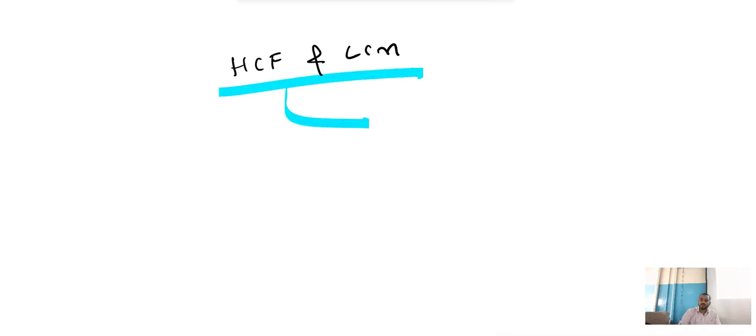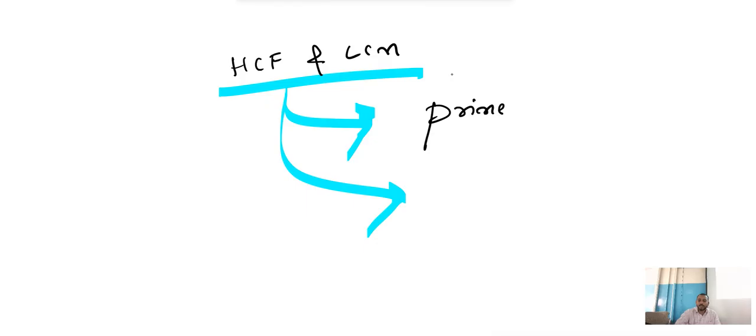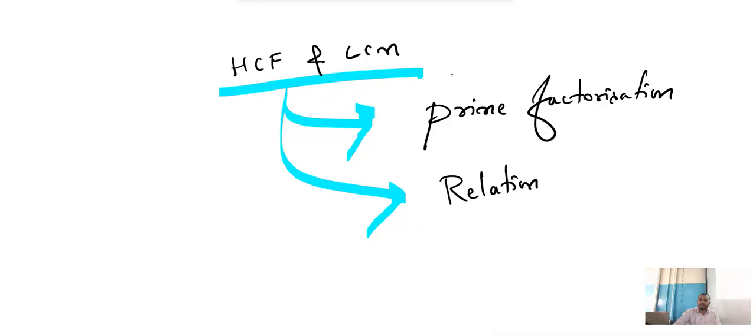The first method to find the HCF and LCM is the prime factorization method. And the second method, we are going to use, is the relationship between the two integers method.